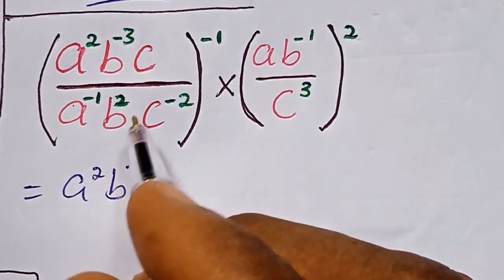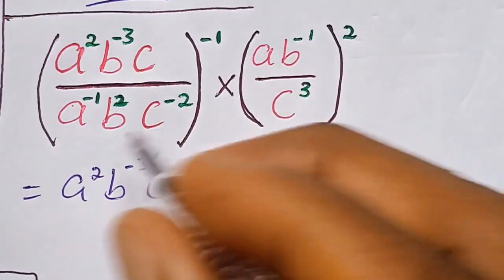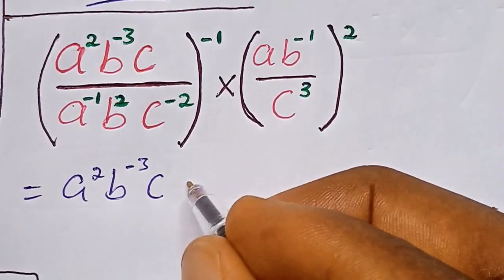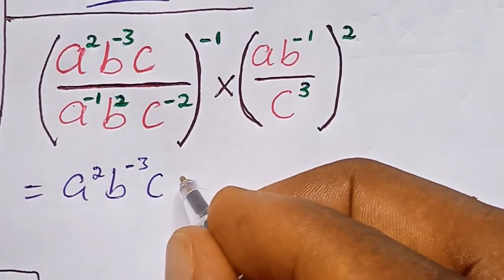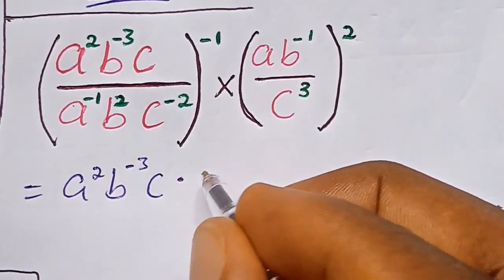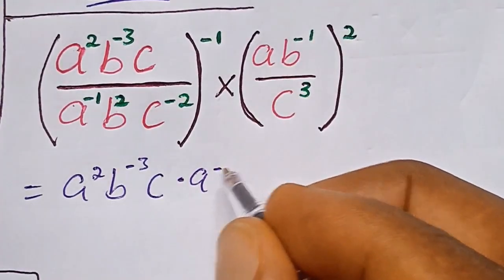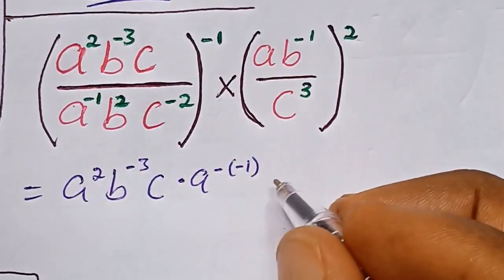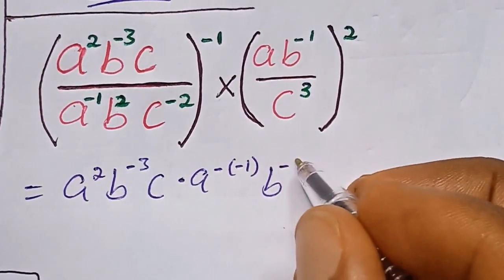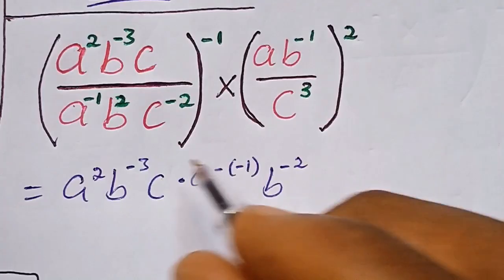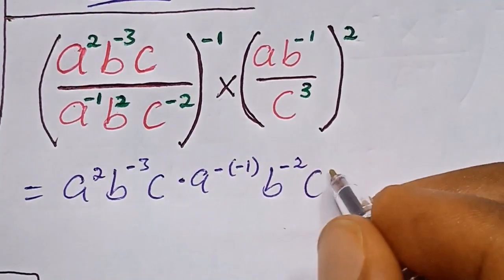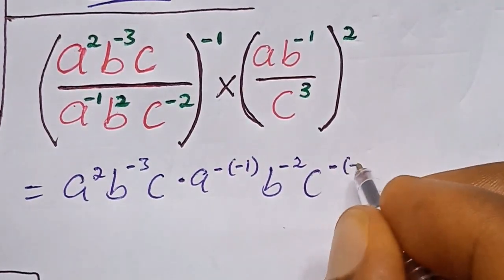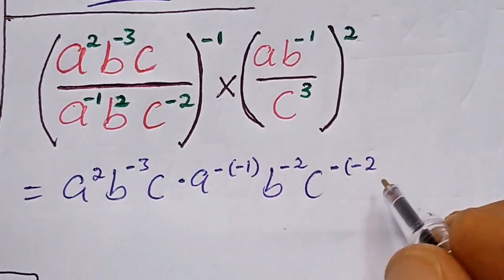So we express this in a negative form, multiplied by a raised to power minus 1, b raised to power minus 2, c raised to power minus into bracket minus 2.